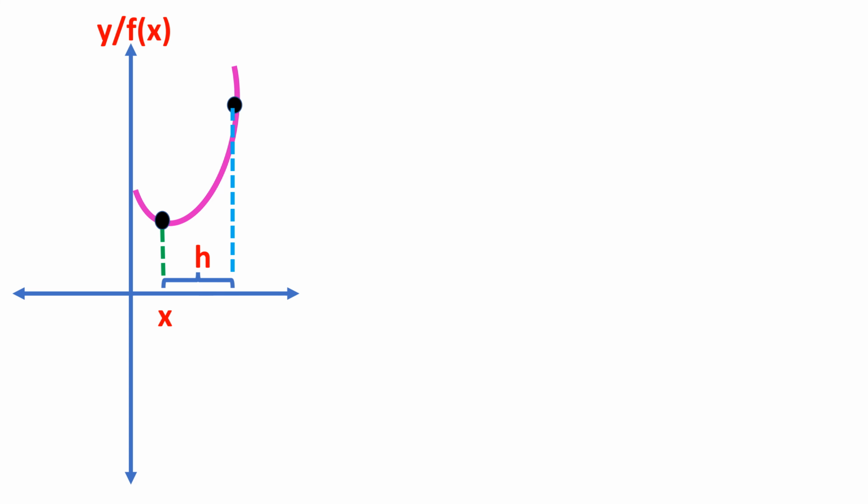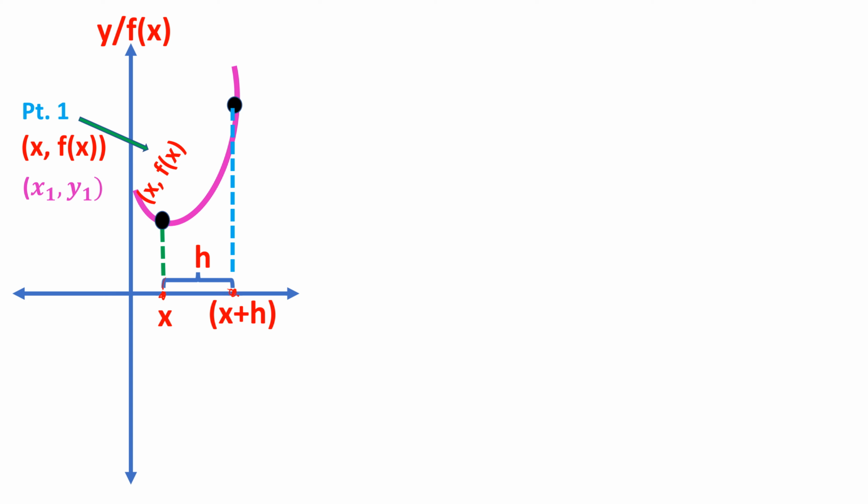Then for the second point, going from x, we add h units, so the point is named x plus h because we already added h units. The first point is then named x comma f of x, and point 1 is represented by that particular point.